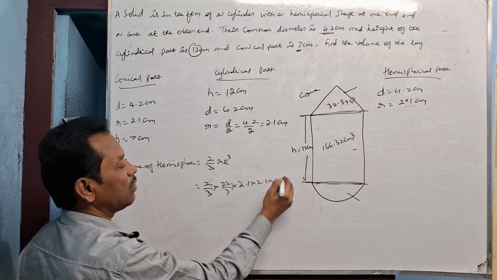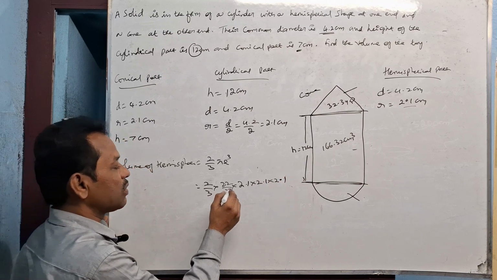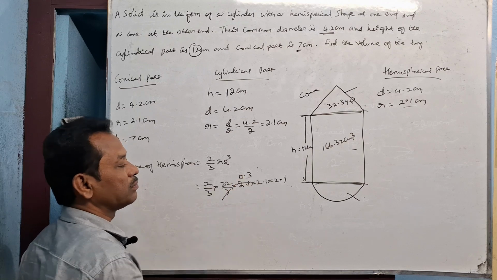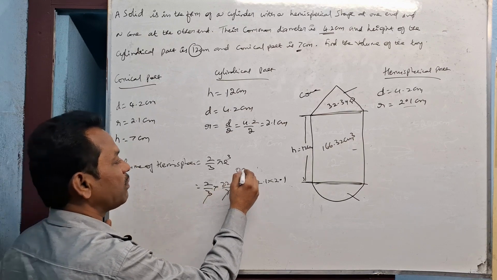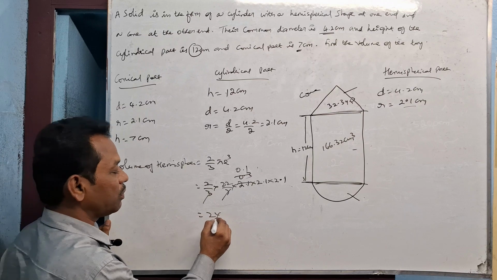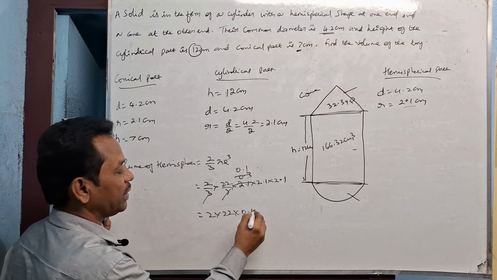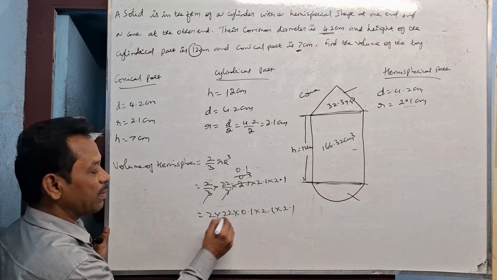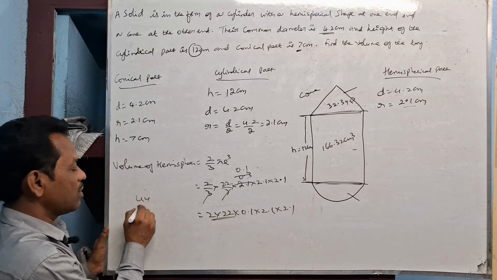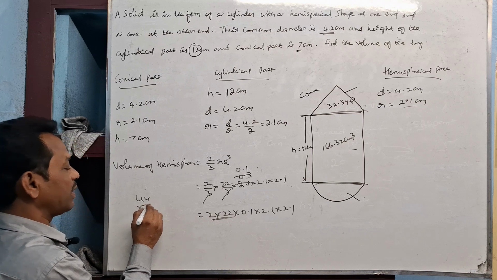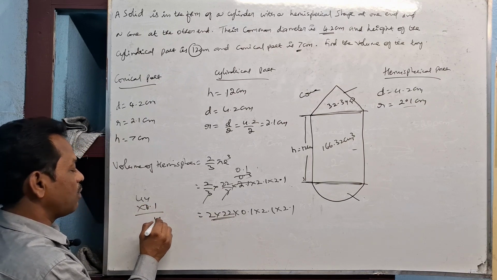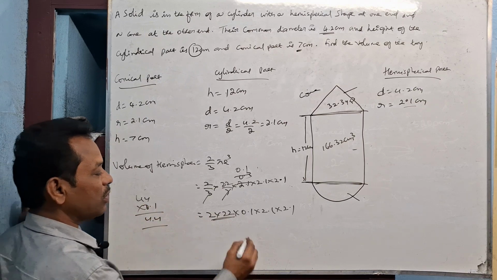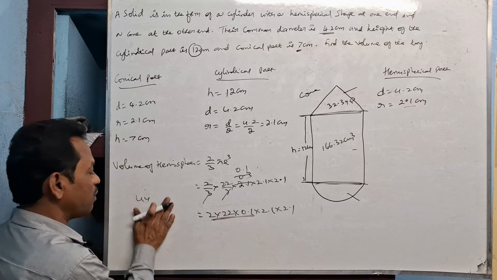Now let me simplify. 7 into 0.3, and 3 into 0.1. So we have 2 into 22 into 0.1 into 2.1 into 2.1. Multiplying 44 with 0.1, we get 4.4.